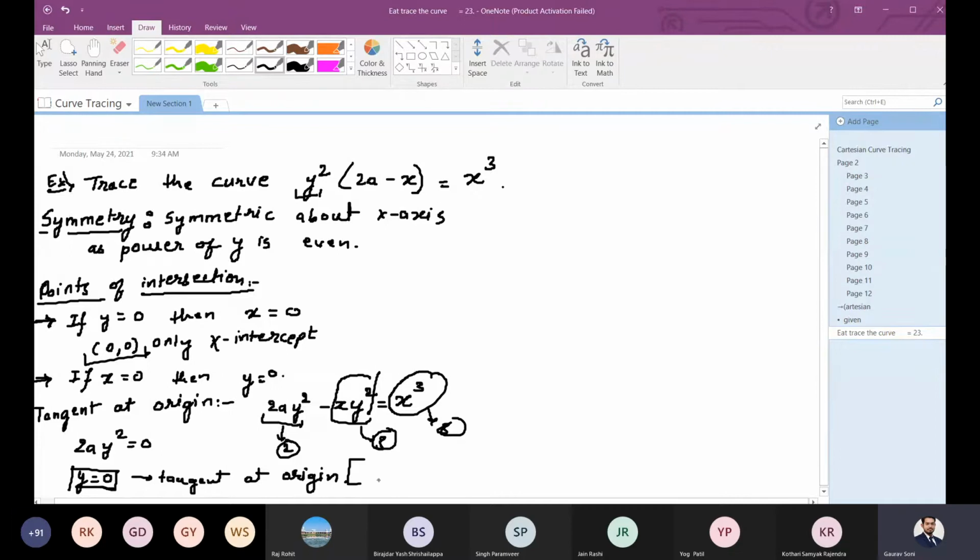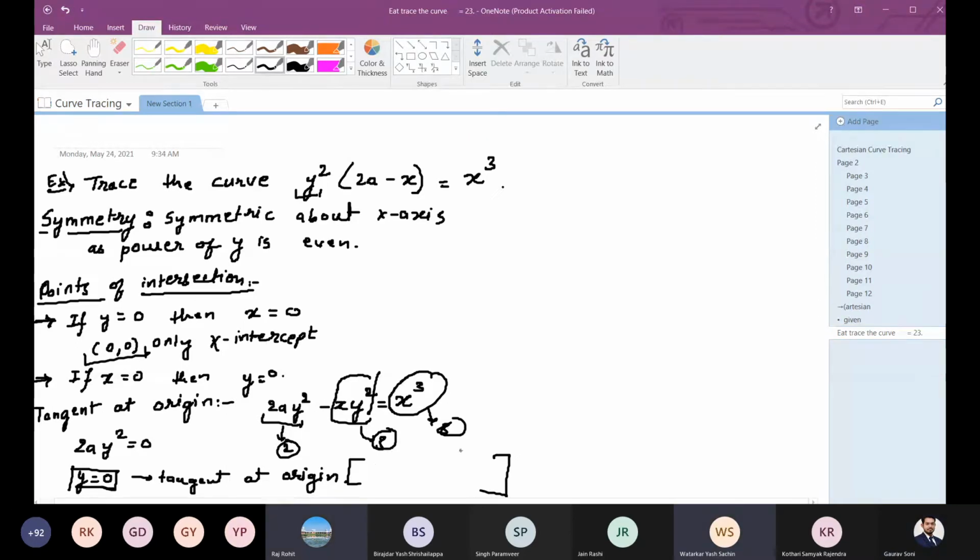So what more conclusion can I draw here? You have two tangents, y equal to 0, comma y equal to 0. So 0, comma 0 has to be what? If you remember our discussion, with two tangents it is a node, cusp, or isolated point.